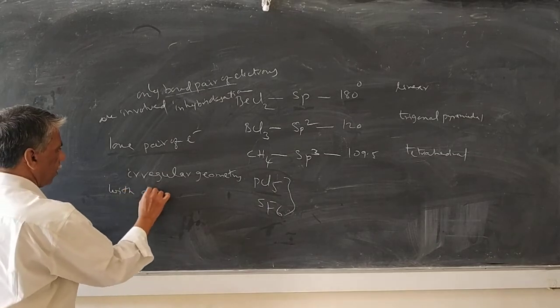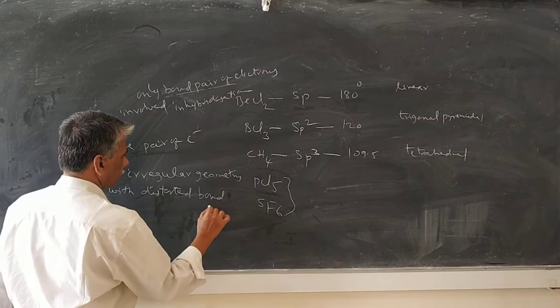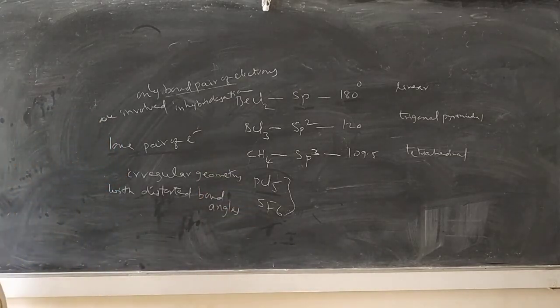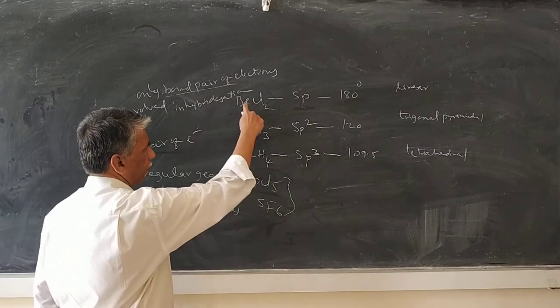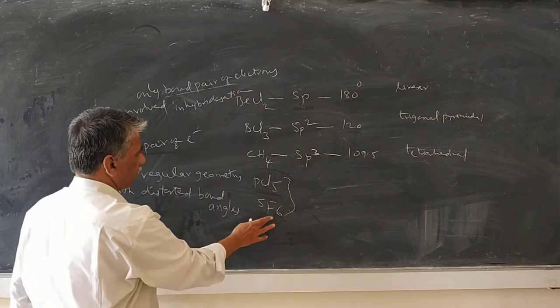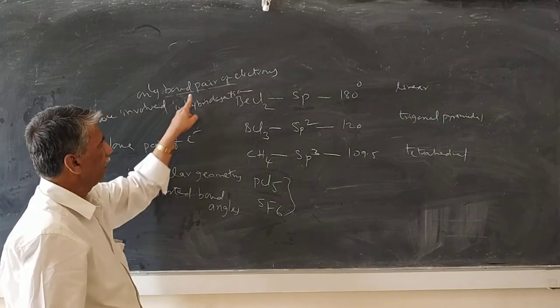with distorted bond angles. Okay. In all these examples which I have given you in the last class, in all these molecules, only bond pairs of electrons are involved.